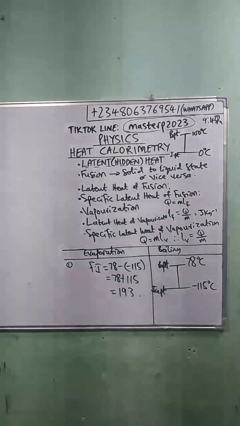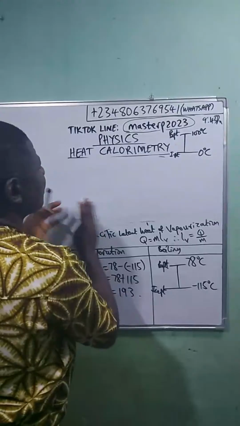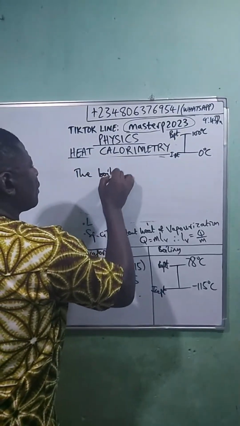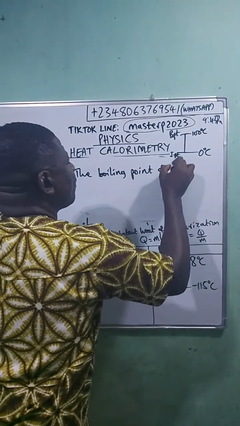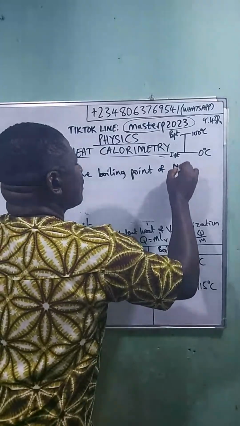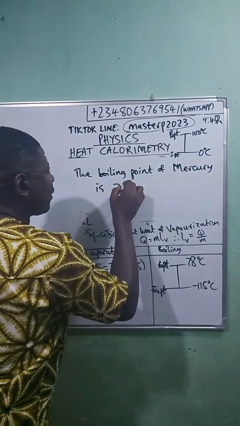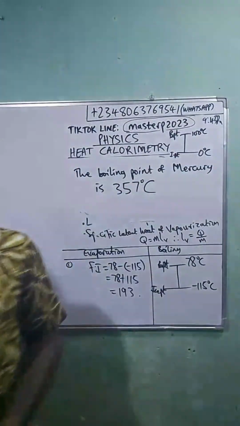Okay, let me answer. Somebody asked, what is the boiling point of mercury? That is 357. The boiling point of mercury is 357 degrees Celsius.